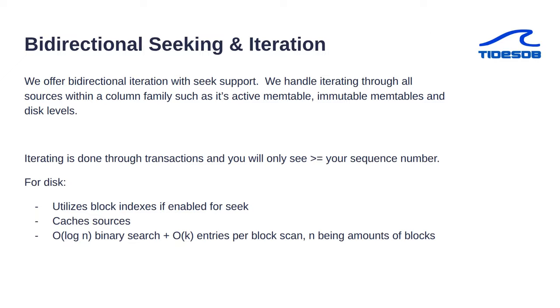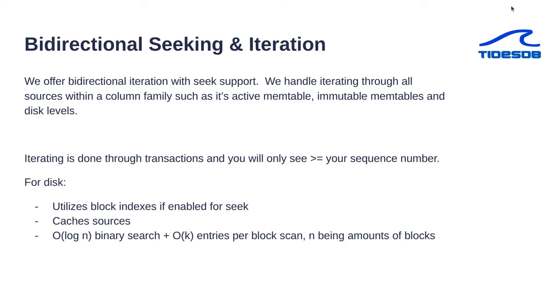When you have a sequence number, you're only going to see the data less than or equal to the sequence number of your transaction. Now, the seeking per source. Let's say you have a lot of SSTables within the merge iterator.